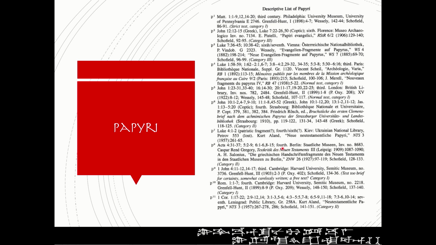And if I wanted to go find it, I'd find it in Berlin. And then there's some basic bibliographic information concerning that manuscript. So that's the papyri. That's how you use Aland's book to identify and gain some basic information on the various papyri.